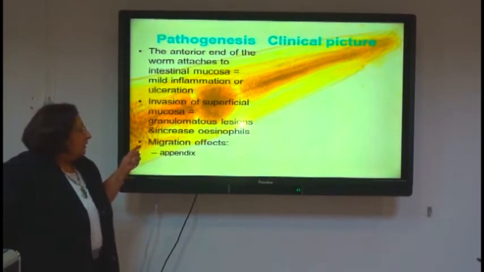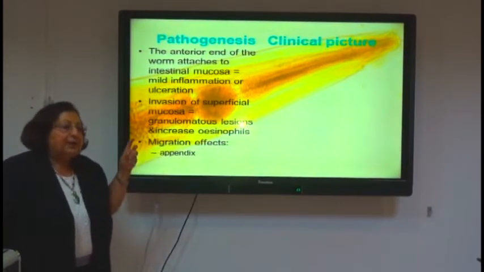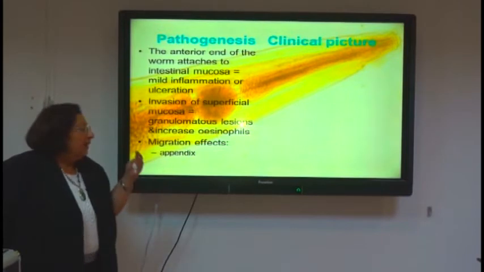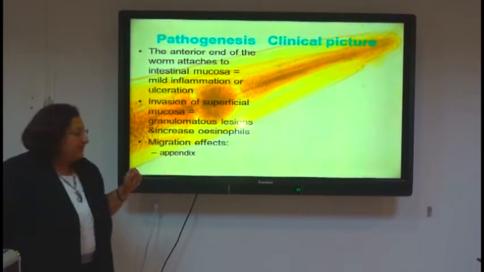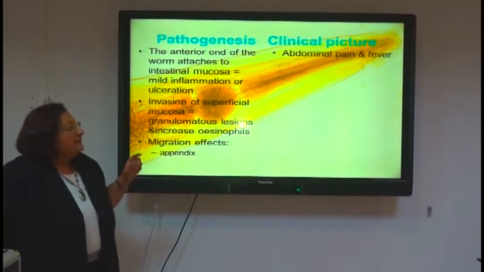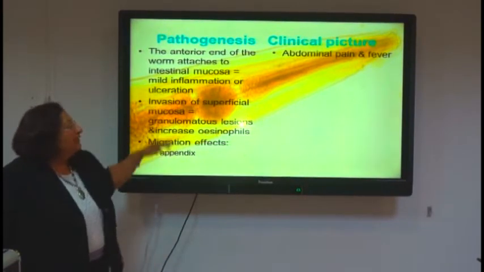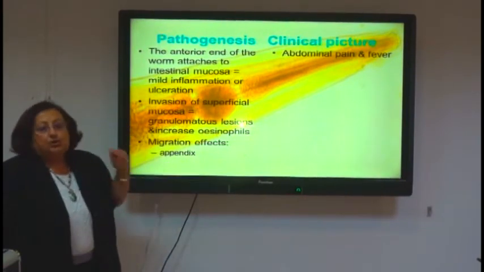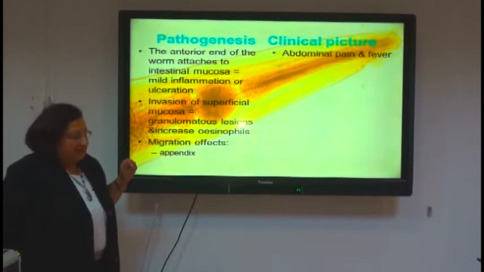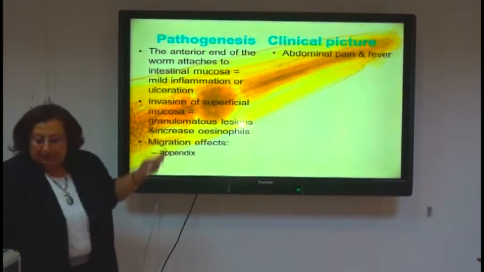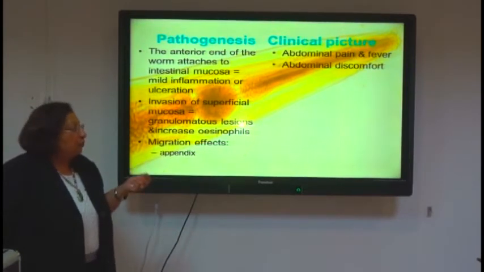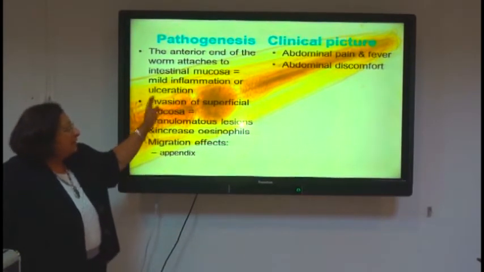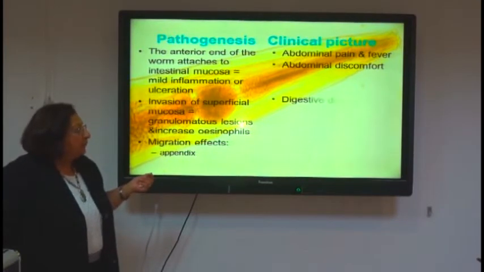Also, this worm can migrate to other areas. For example, it can reach the appendix, as you will see, and according to where they are, they give rise to the manifestations, which are abdominal pain, sometimes fever, and abdominal discomfort, of course, because of the ulceration and inflammation.